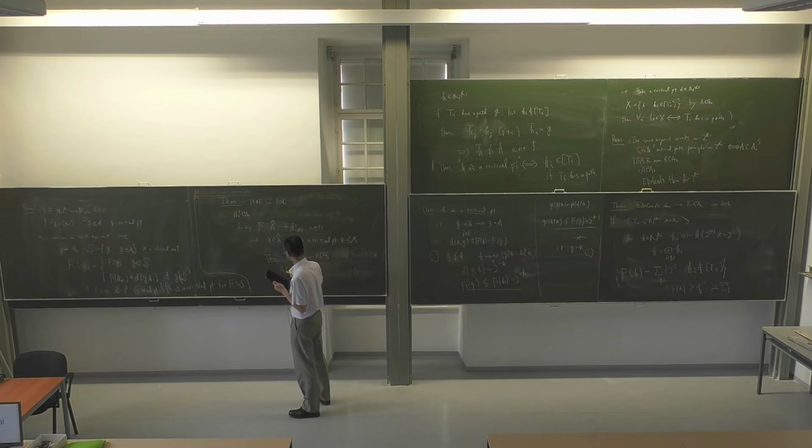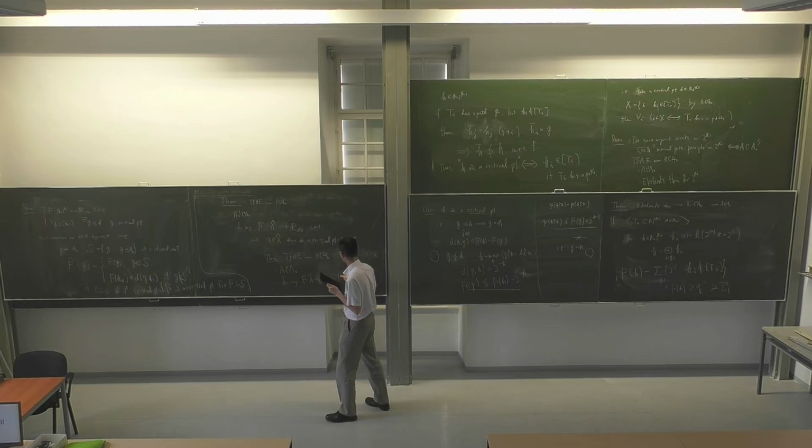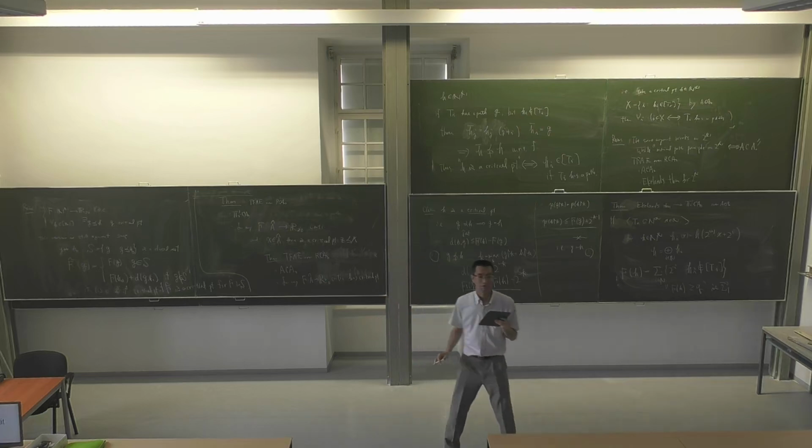So ACA0 is equivalent to saying that any continuous function just has a critical point somewhere. It's just provable within ACA0.